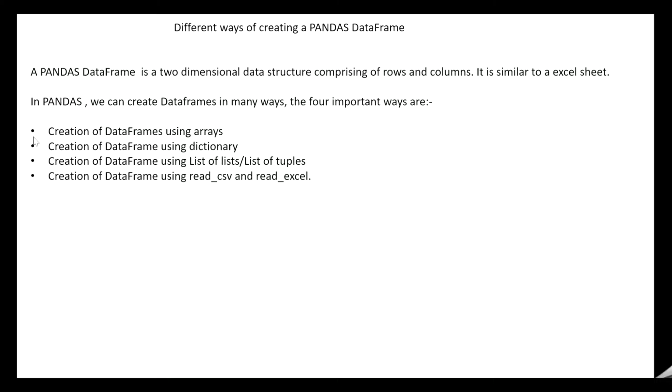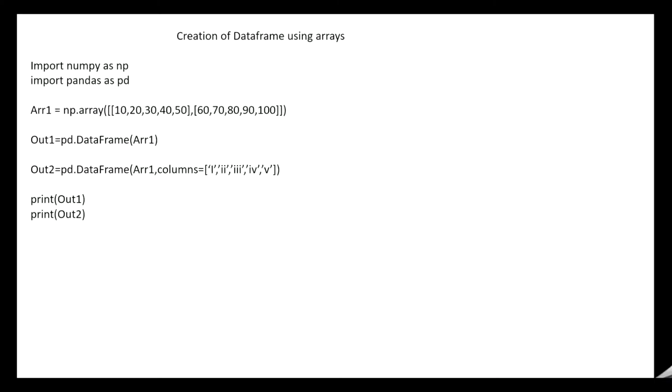That's the first way of creating a data frame. The second way is by using a dictionary. The third one is by using a list of lists or list of tuples. And the fourth one is with the help of read CSV and read Excel. So let's look into each one of them in detail.